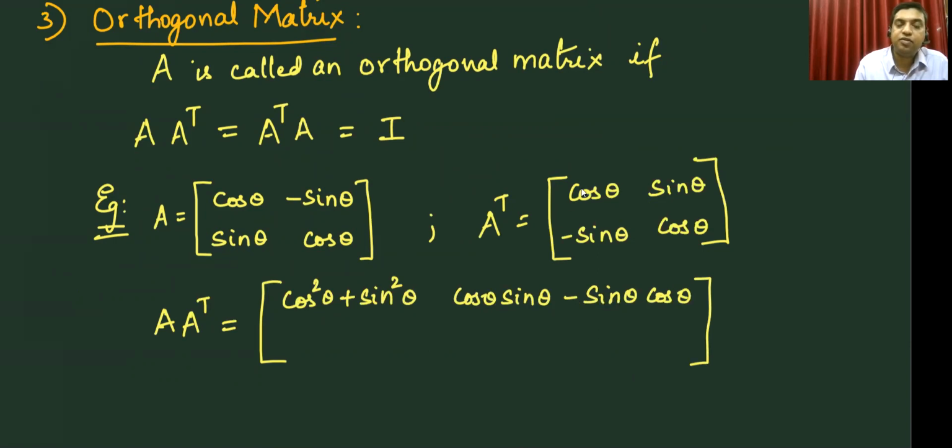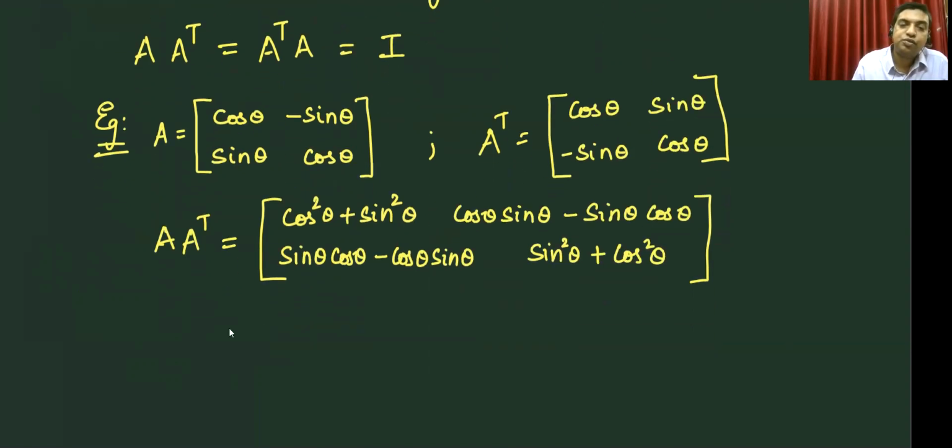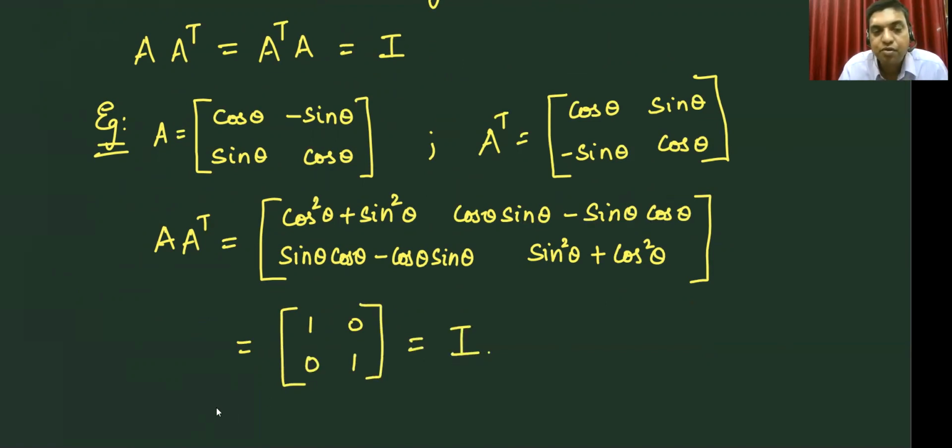Then second row, first column, sin theta cos theta minus cos theta sin theta. And the last one, sin square theta plus cos square theta is 1. This term is 0. This is 0. This is 1. This is identity matrix. So A into A transpose is equal to I. So A is orthogonal.